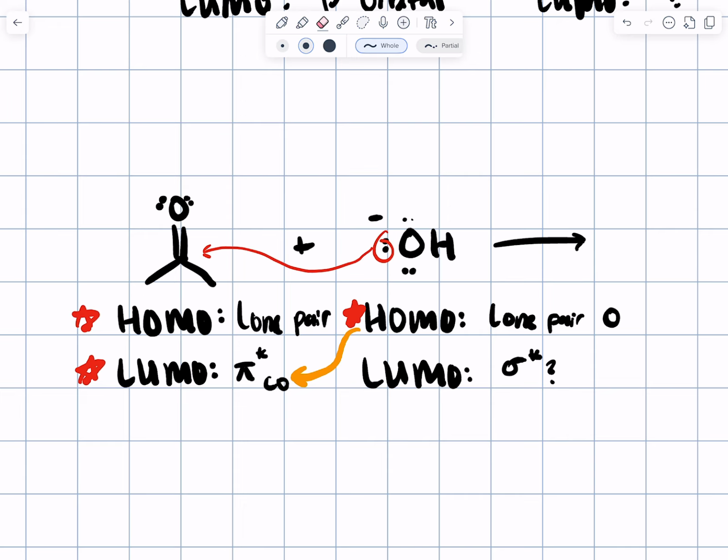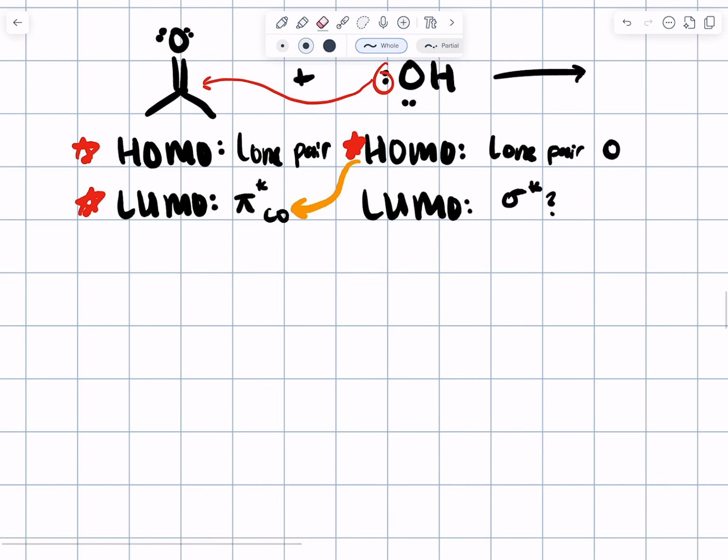We can give you a straight, full-on answer if we want to do some brute force calculations on the supercomputer. But what we will find is that comparatively speaking, let me just draw the location of that pi star orbital.